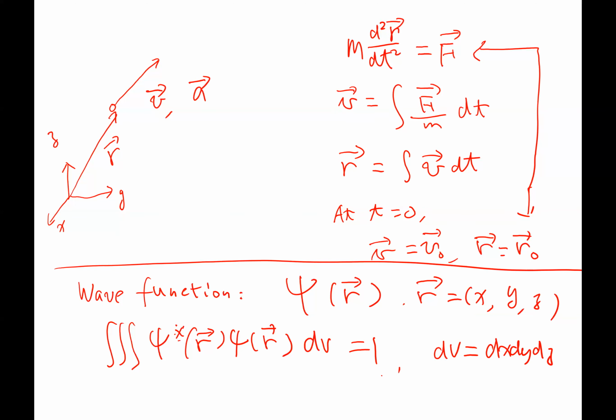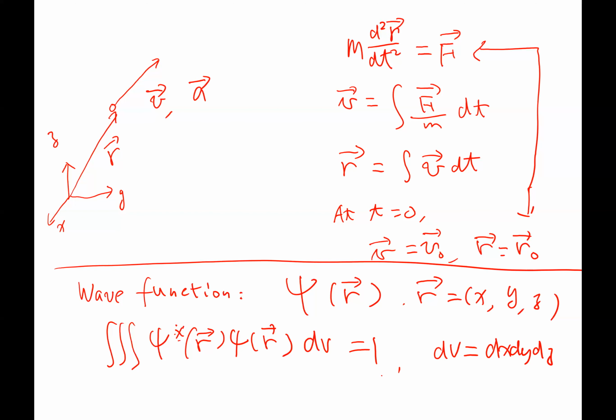And then you should be able to find out that if this wave function, this is called normalization. This means that if this wave function is normalized, and you integrate the product of this wave function with its own complex conjugate, you should be able to get one.